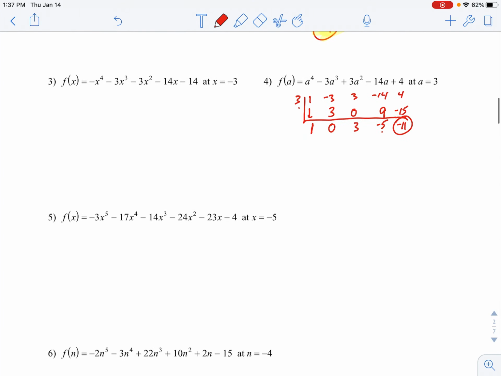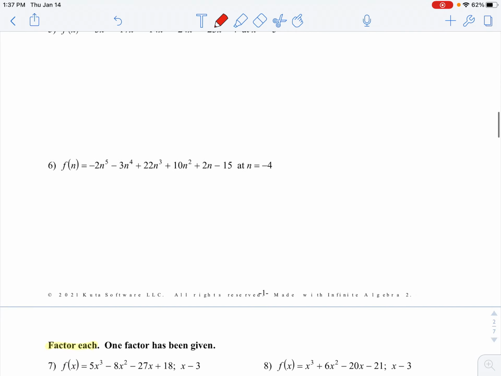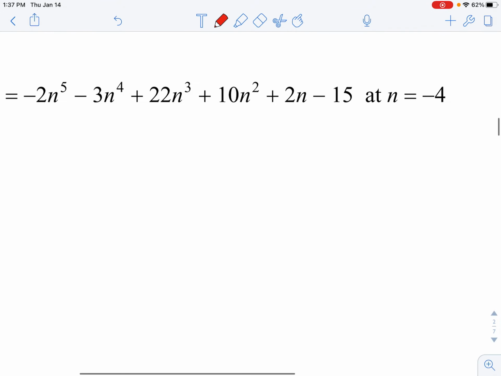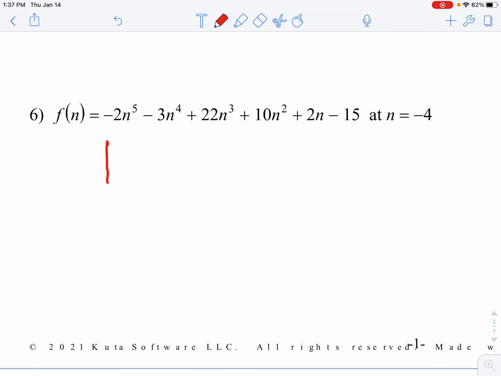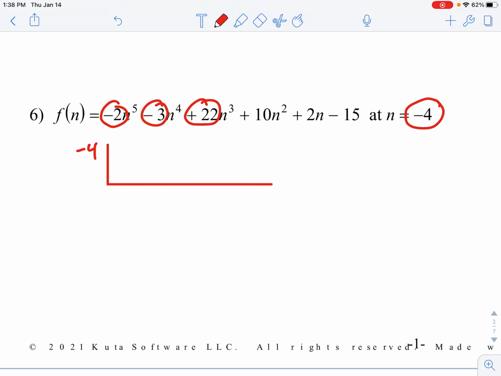Let's just say it's good every once in a while if I make a mistake, if you can learn from it. And what did we learn from this mistake? Well, I'll show you on number 6. So here's my bracket. This number goes out here. These numbers go across the top. So negative 2, negative 3, 22, 10, 2, and negative 15.